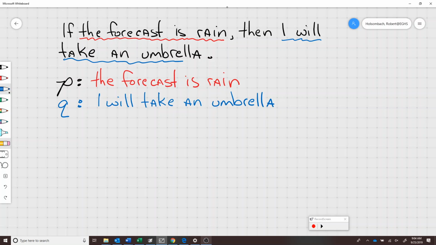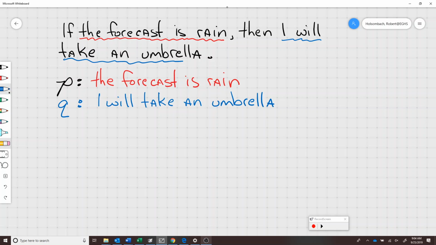So the sentence was a conditional statement. You were asked to identify the hypothesis and the conclusion, and that is how you do it. What follows the if is the hypothesis. What follows the then is the conclusion. Any questions up till now?